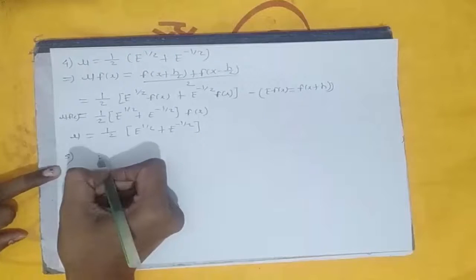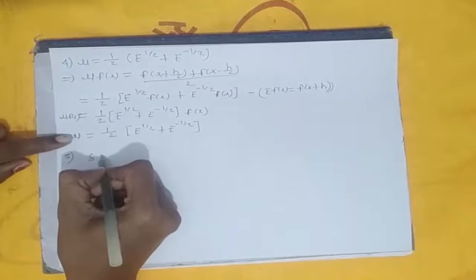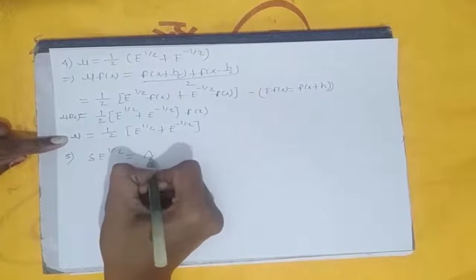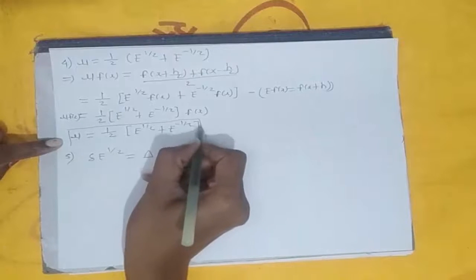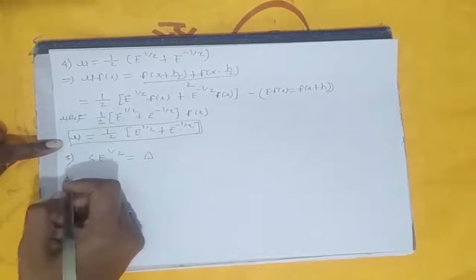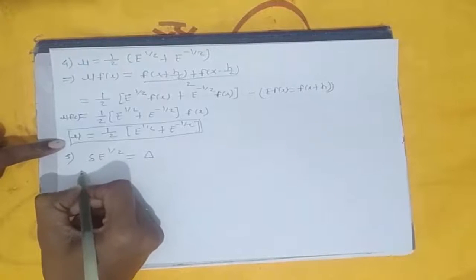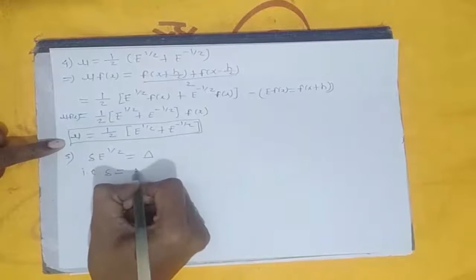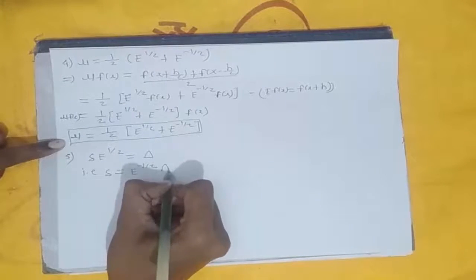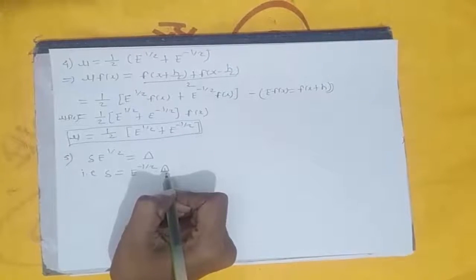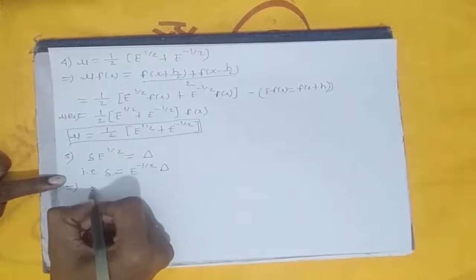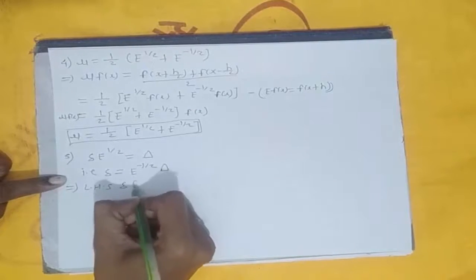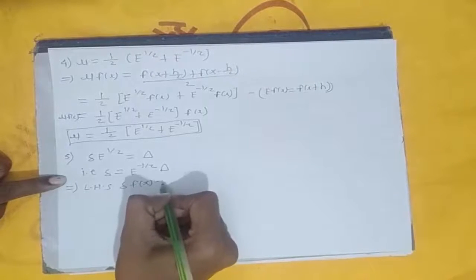Okay, then we see the next identity. We have to prove that the central difference operator delta into e raised to 1 by 2 is equal to delta, that is, the forward difference operator. Sorry, that is, we have to prove that the central difference operator is equal to e raised to minus 1 by 2 into delta, the forward difference operator. So here we consider the LHS, the central difference operator, and we consider the arbitrary function f of x.